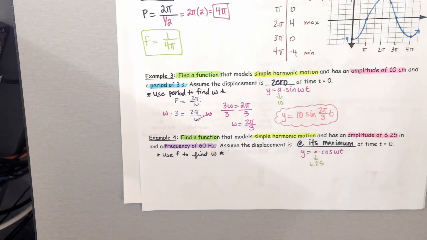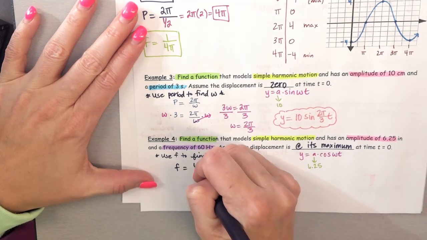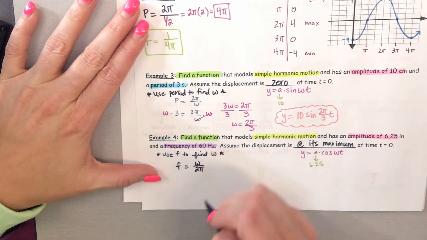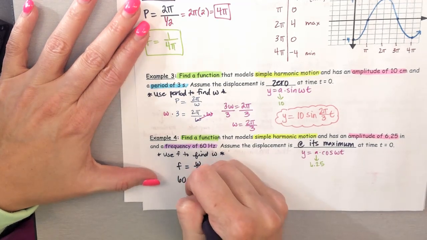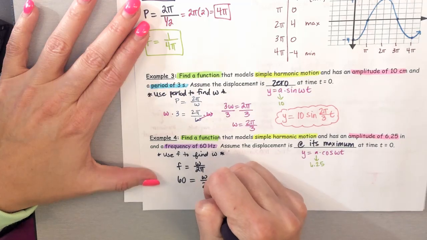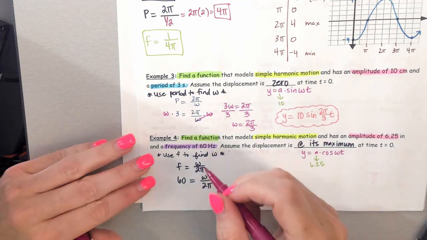When you solve here, your frequency is omega over 2 pi. Remember, that's one of the things we wrote down. So if your frequency is 60, omega over 2 pi, you're going to multiply both sides by the denominator.